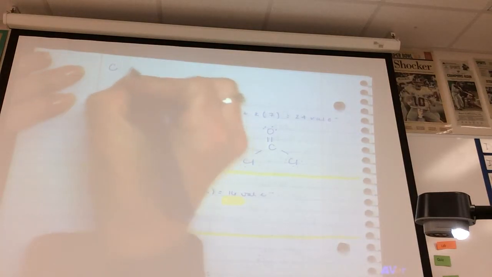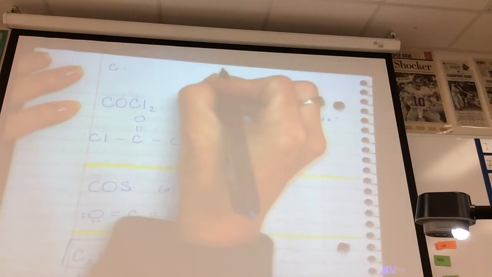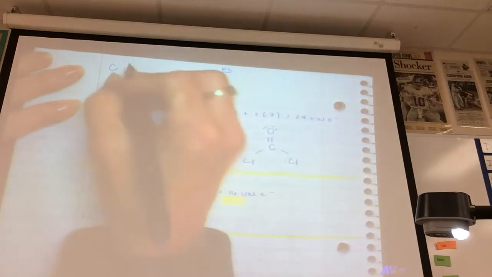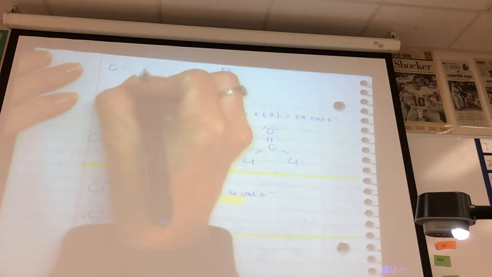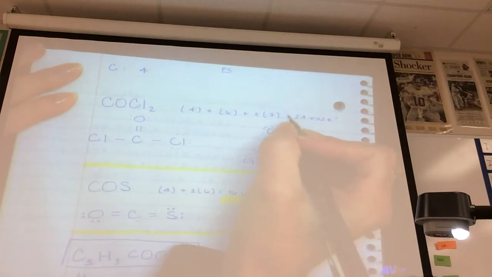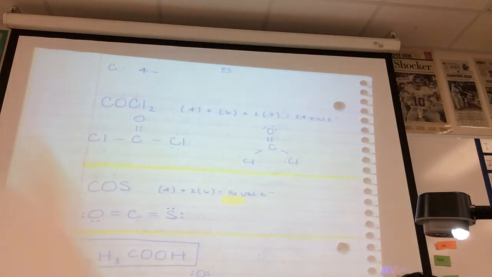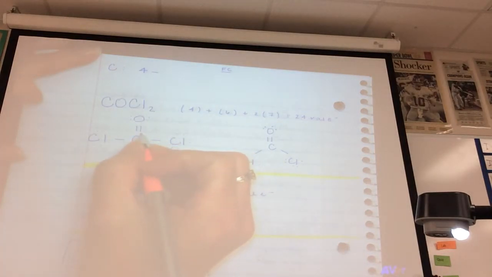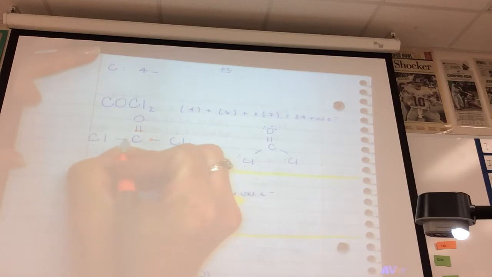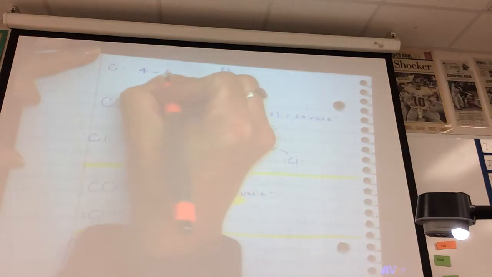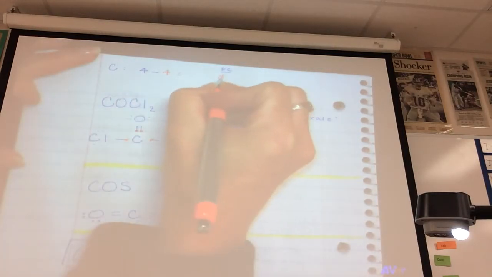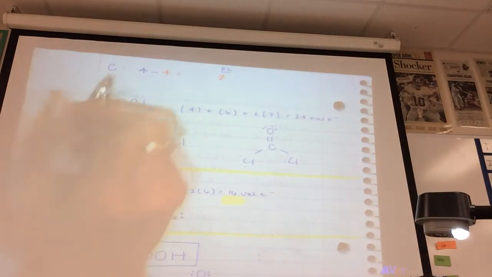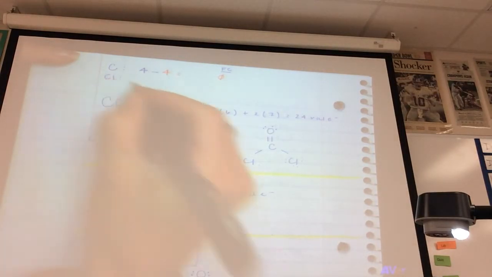Carbon. We want to figure out formal charge. Carbon by its lonesome, 4 valence electrons, minus, in a bonded situation, only what's directly attached to the atom. 1, 2, 3, 4. 4 minus 4 is 0. The chlorines are both the same here.